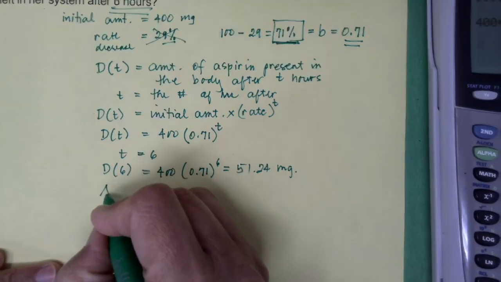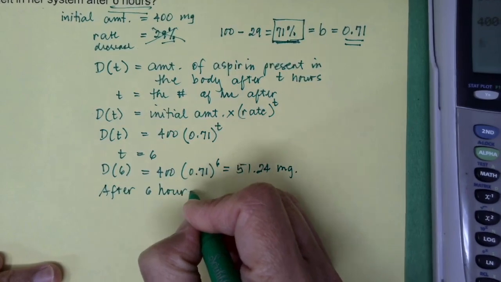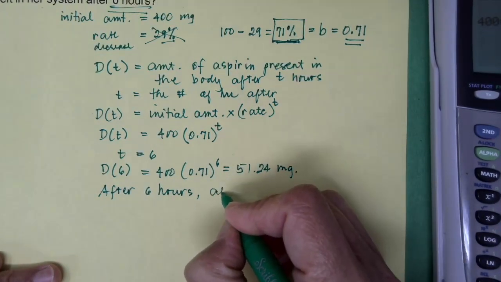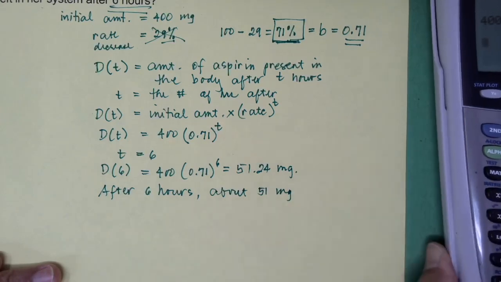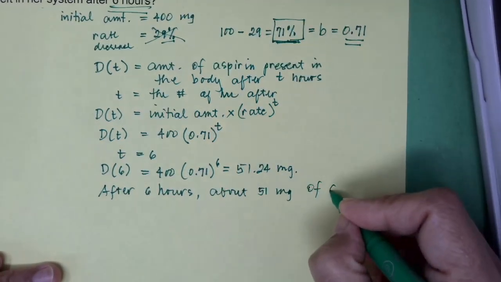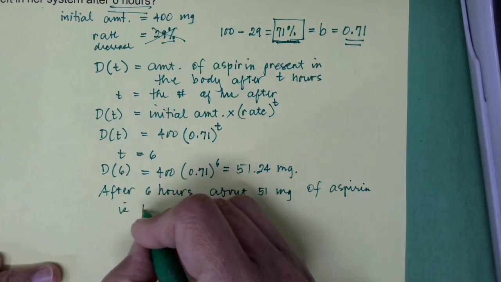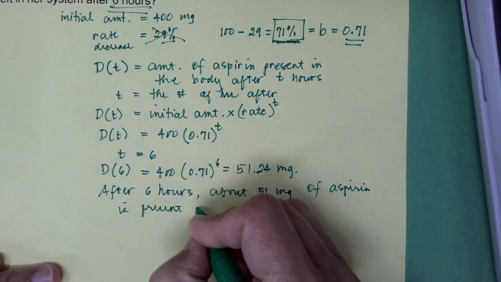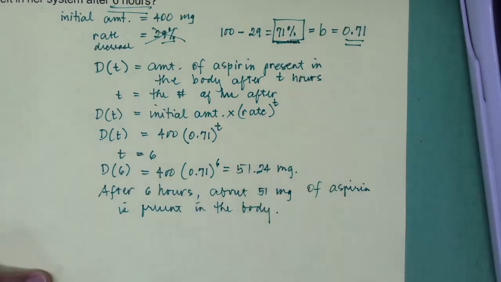So that means after 6 hours, about 51 milligrams of aspirin is present in the body. So that's our interpretation.